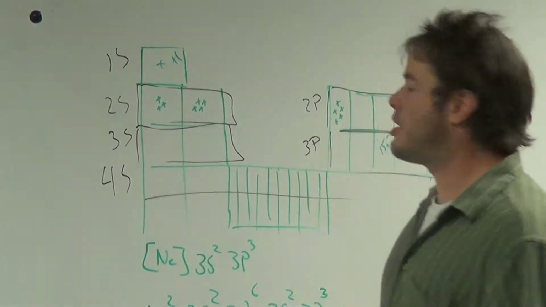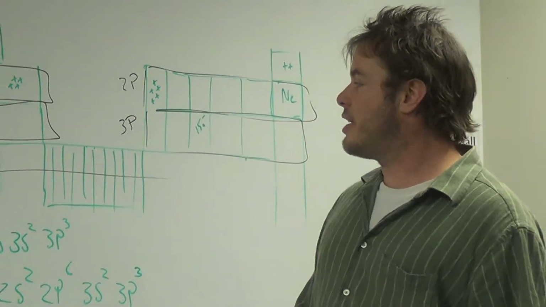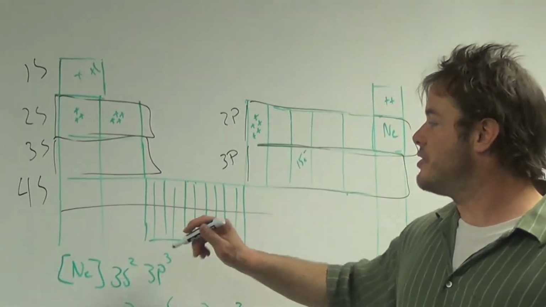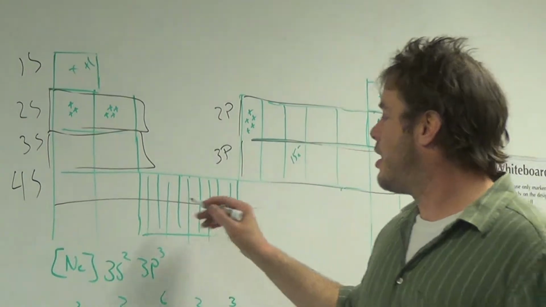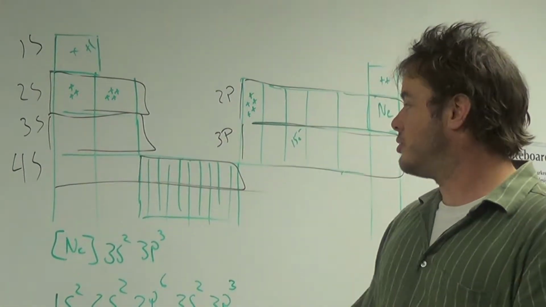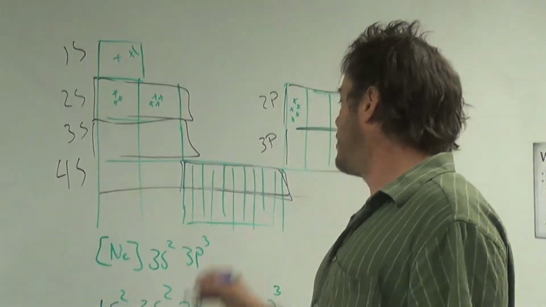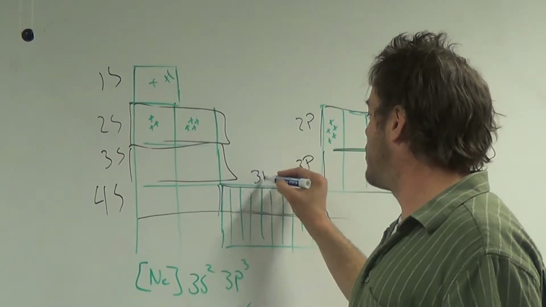Your 4s shows up here, but it turns out that when you do calculations on the energies of these levels, the 4s levels are slightly less energetic than these orbitals right here, which, based on their radial separation and their symmetries, are called the 3d orbitals.